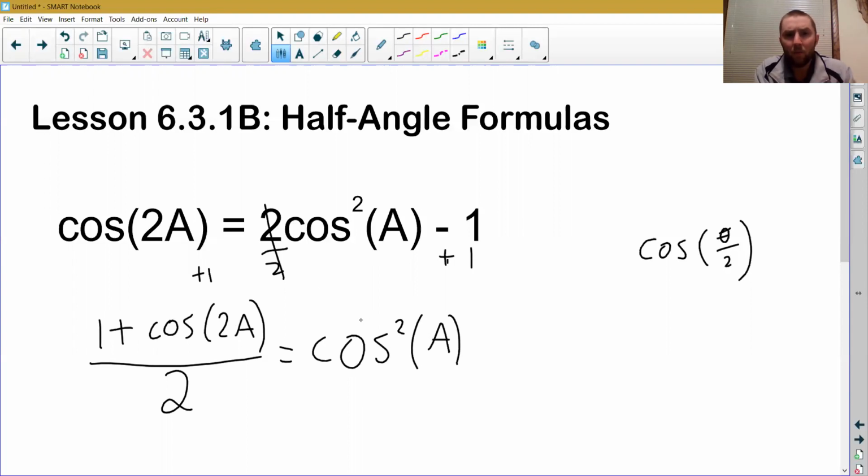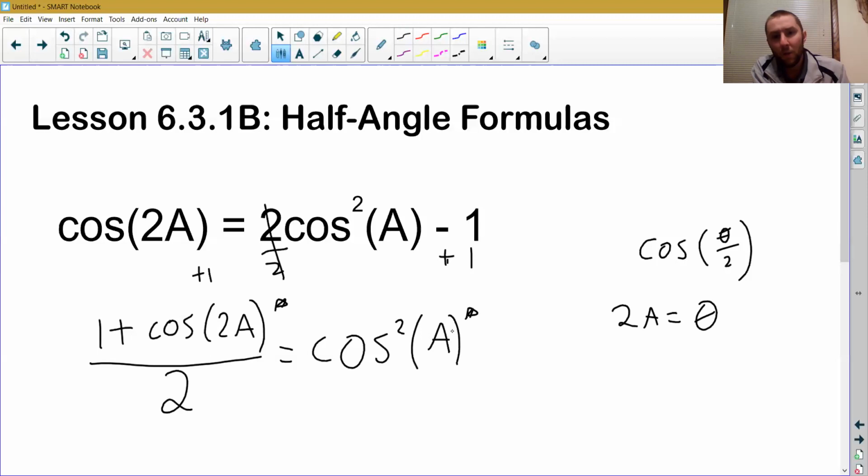Now, remember that our goal in the end is to end up with something for cosine of theta divided by 2. So I'm going to make a substitution: 2a, I'm going to replace with theta. The reason I'm doing that is I want you to see the relationship between what's in the parentheses for this cosine and what's in parentheses for this cosine.